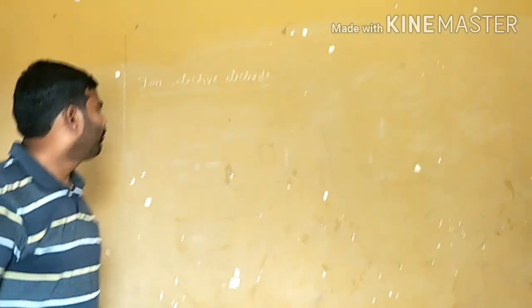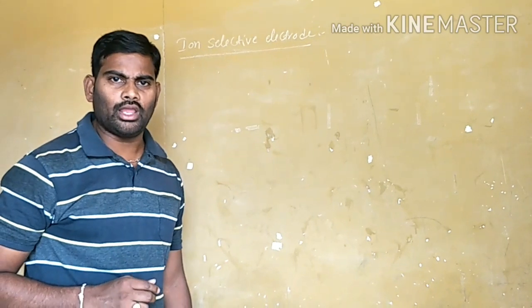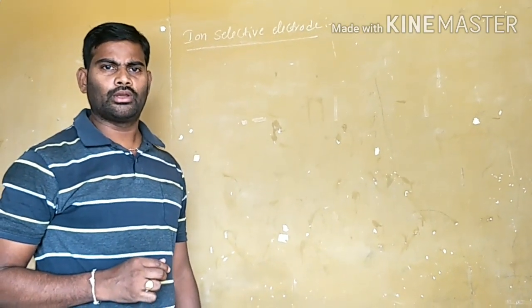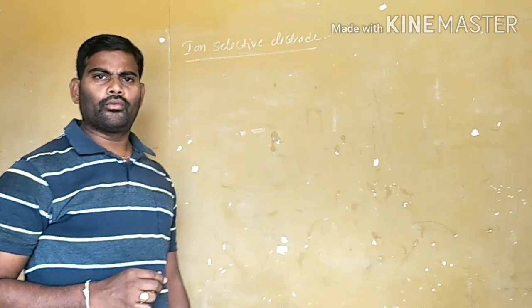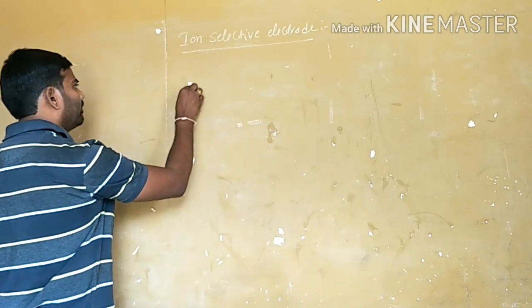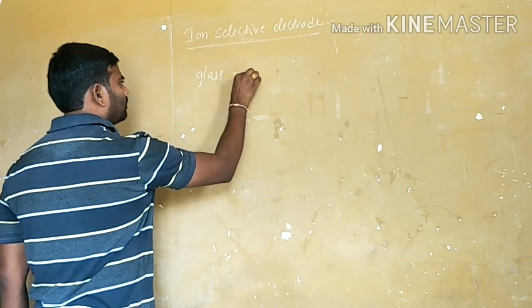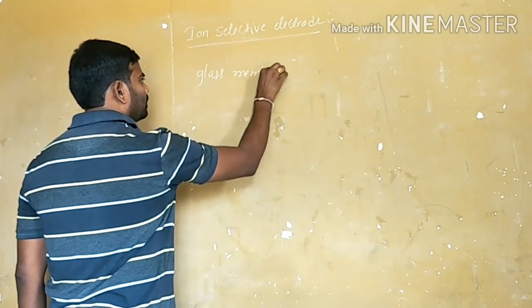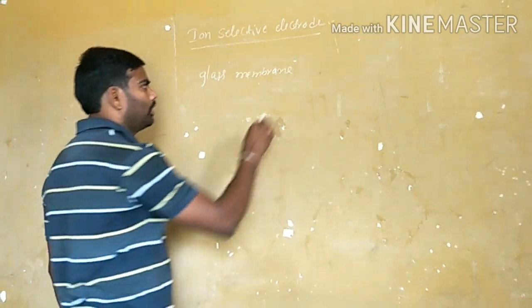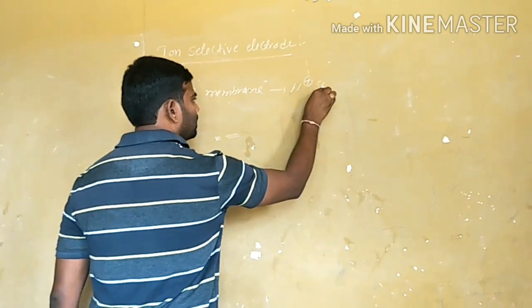For example, ion selective electrodes use membranes. If a glass membrane is used, this glass membrane is only H plus ion selective.